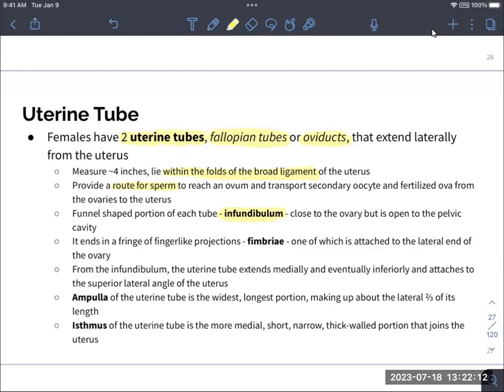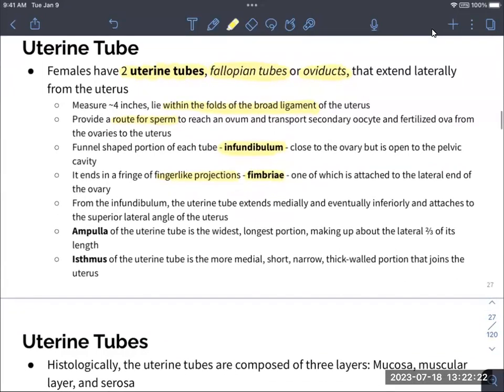Those finger-like projections that I mentioned before, those fimbriae, those are at the top right next to the ovaries. So from that infundibulum, this uterine tube is going to extend down, kind of goes down and around into that uterus.